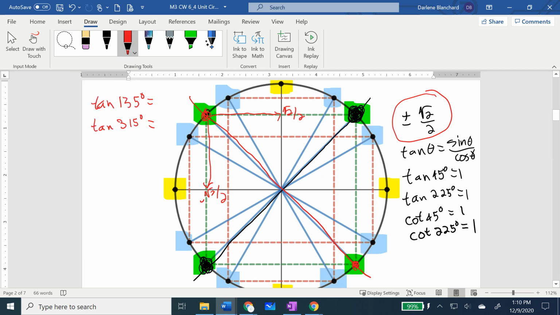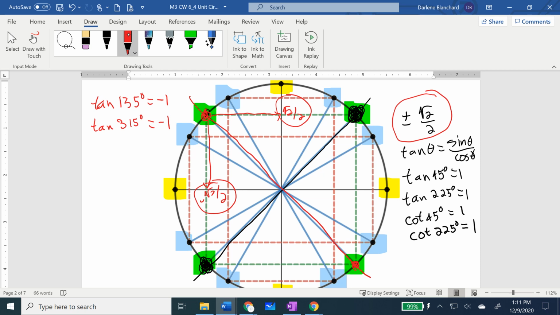So when I'm dealing with tangent at one of these two angles, what is the value of tangent? Tangent is sine divided by cosine, negative 1. Both of these are where tangent is equal to negative 1.